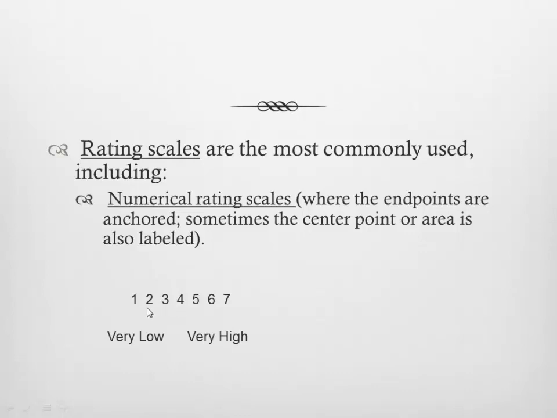In this example, the 1 would represent very low and the 7 would represent very high. So the 1 and 7 are associated with a verbal statement, and that's why we say that they are anchored. That would be one response option.